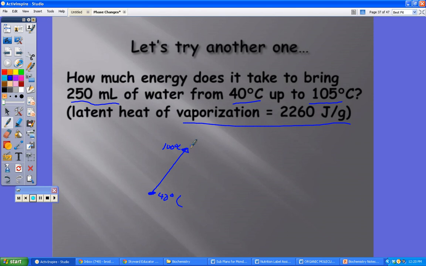Then we're going to change from a liquid to a gas, still at 100 degrees Celsius. That gas will then change temperature to 105 Celsius. So I have Q1, Q2, and Q3, 3 parts of this equation. Same thing, we're going to have the different breakdowns of equations.